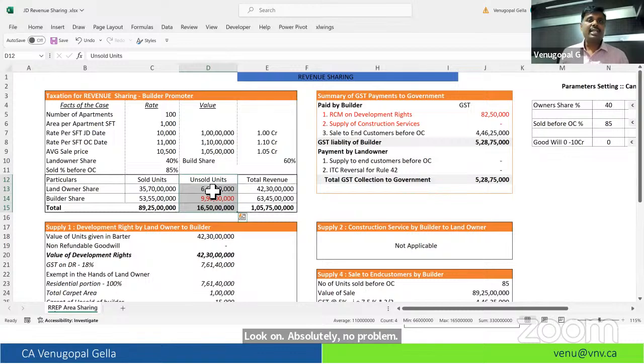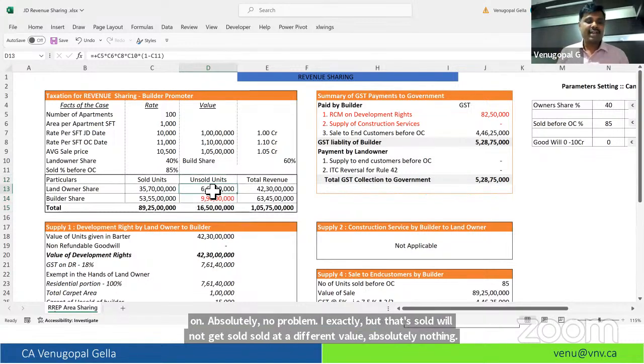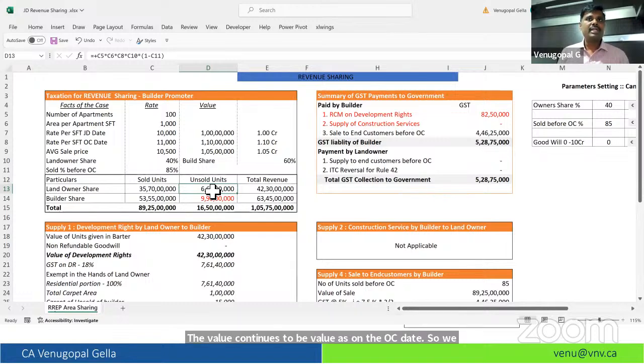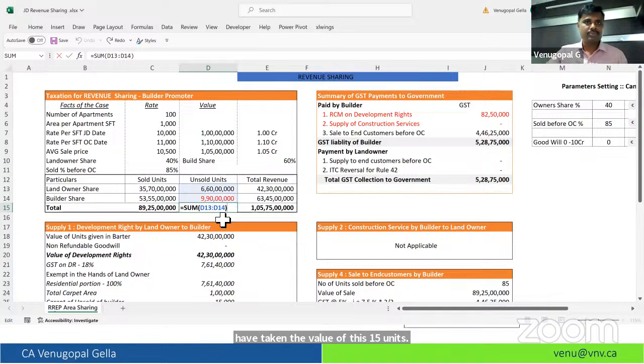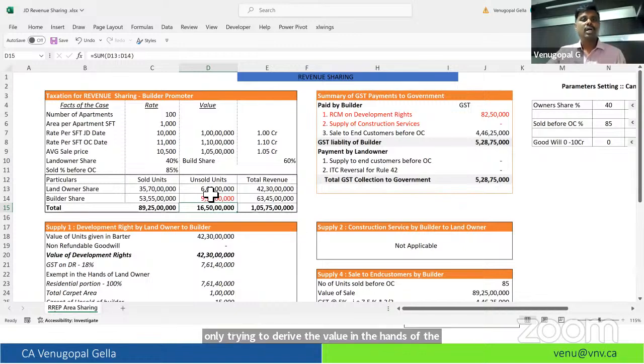The value continues to be the value as on the OC date. So we have taken the value of these 15 units multiplied by 1.1 crore, which is 16.5 crores. That is the value which has been allocated. We are only trying to derive the value in the hands of the developer and the landowner. What they are going to do next is left to them.